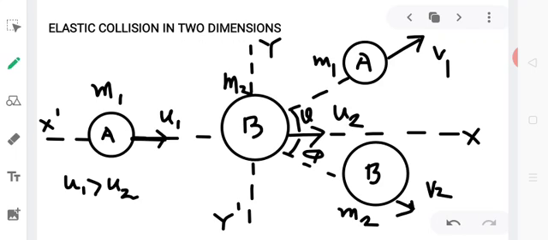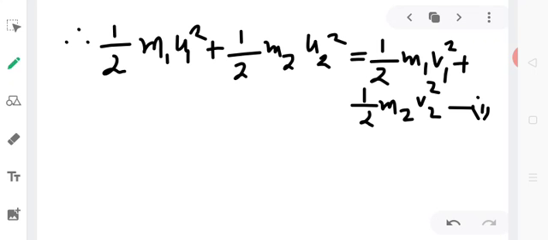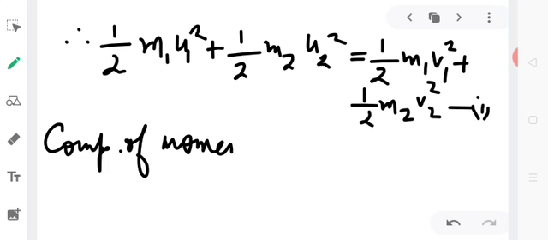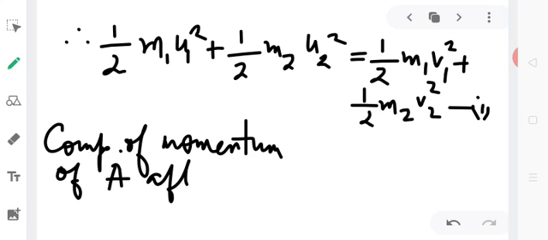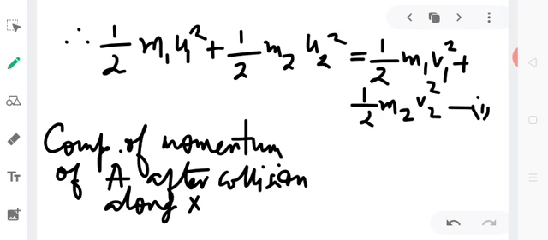So, the component of momentum of body A after collision along the x-axis is equal to m1 v1 cos theta.